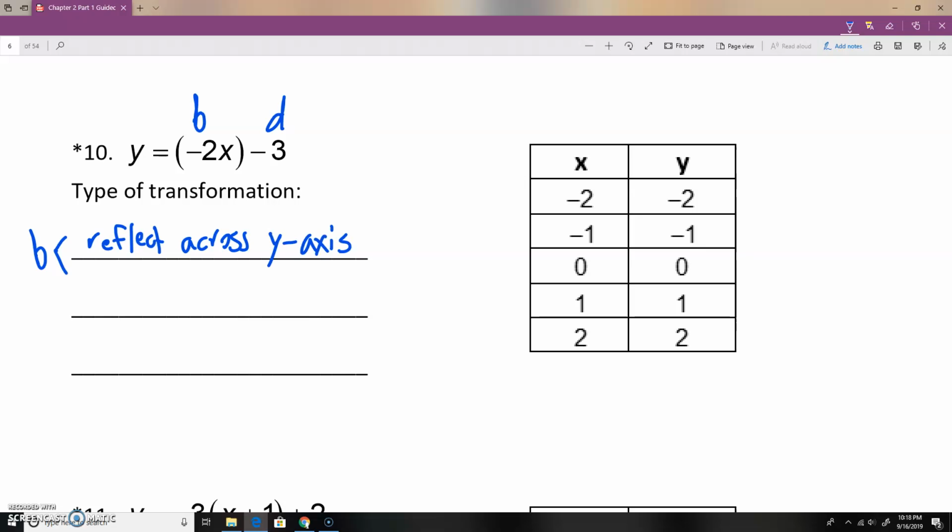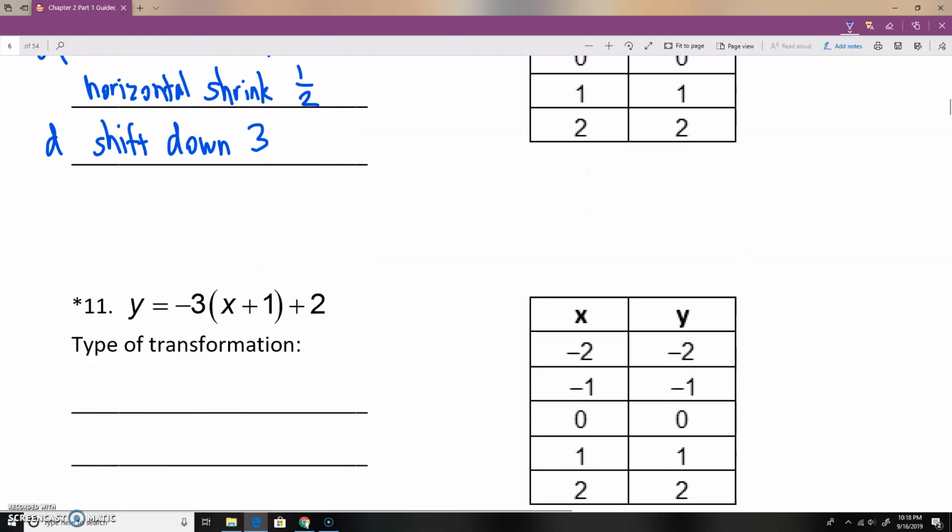And that 2 is going to be a horizontal shrink of 1/2. Then that d value moves us up and down. It's negative, so it's going to be down. So a shift down of 3.